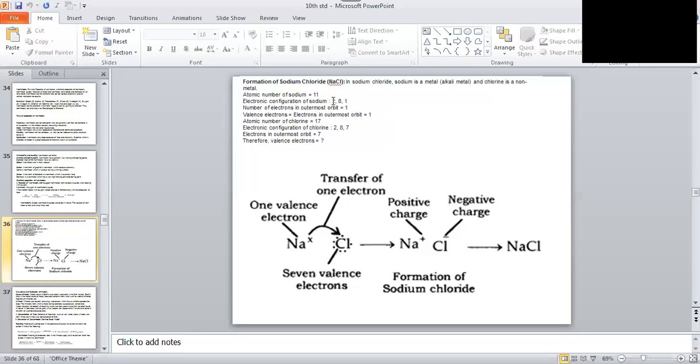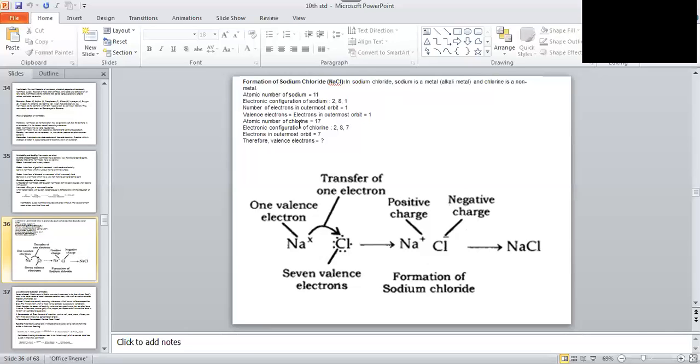The first shell consists of 2 electrons, second 8, and the third one consists of one electron. So this is the distribution of electrons in a sodium atom. The number of electrons present in the outer shell is 1. Therefore, the valency of sodium is 1. Valency means the number of electrons present in the outer orbit or outer shell.